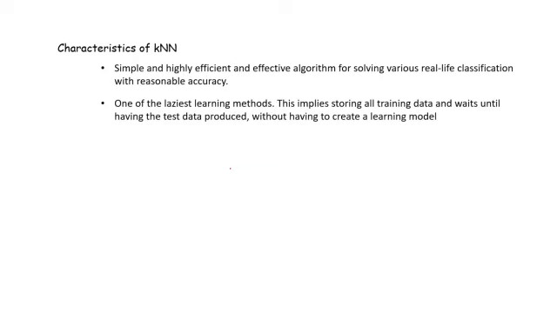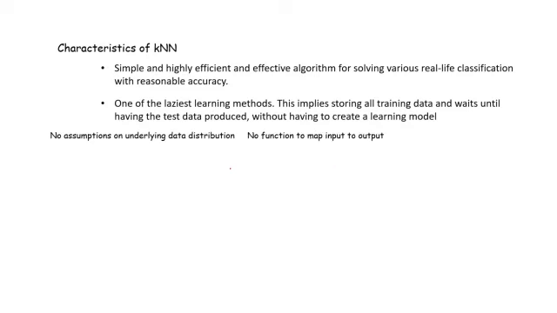The second part is it is one of the laziest learning methods. So it basically does not learn anything. It just ingests those training samples, and based on the distance, it gives you a class or a value. So it waits till the test data is produced, and so no learning model is created. And as I have said just in the regressor case, first of all, it makes no assumptions on the underlying data distribution.